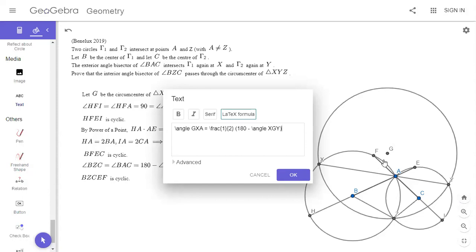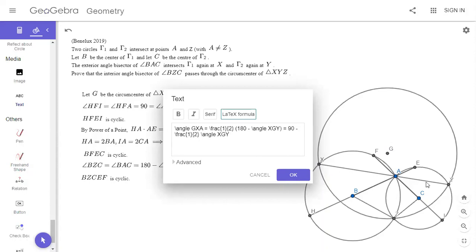And angle XGY is, so I'll write it like this. So that's 90 minus half of angle XGY.